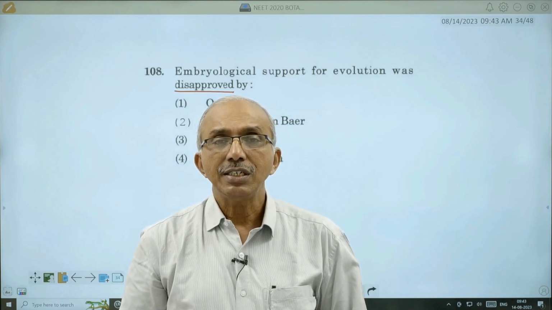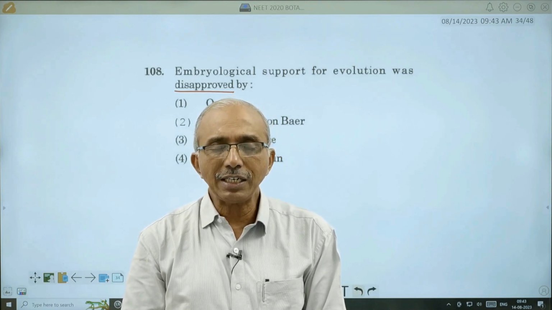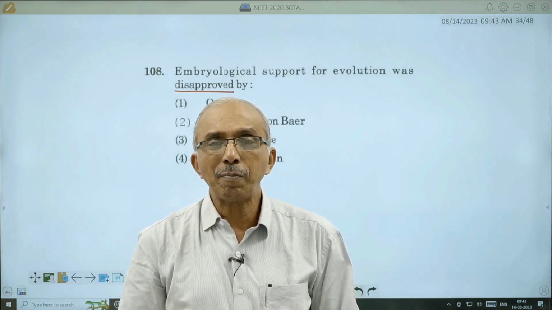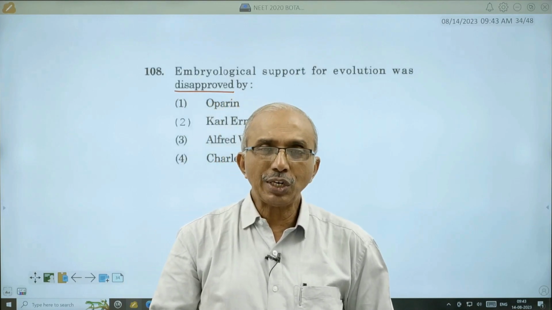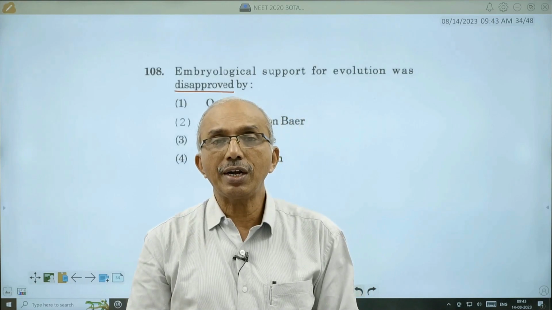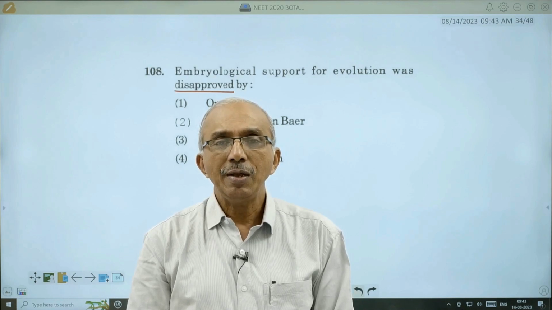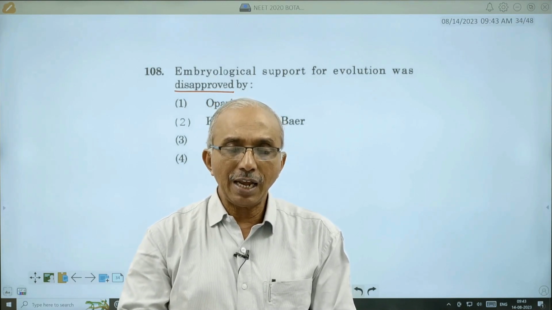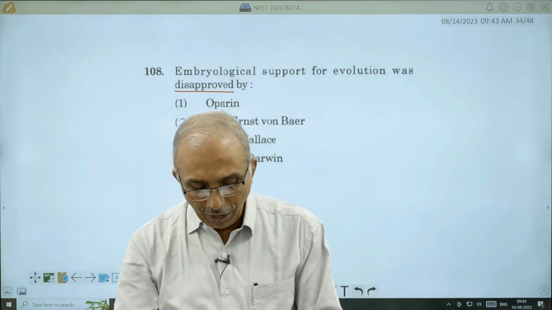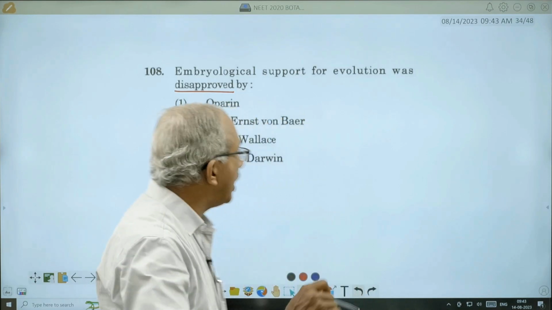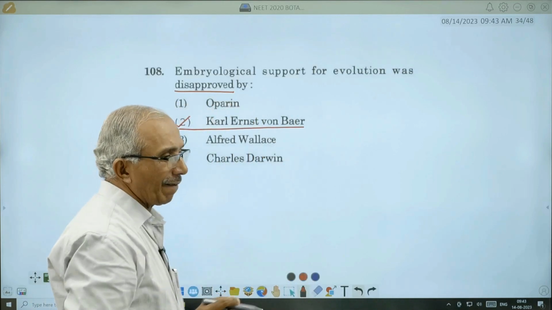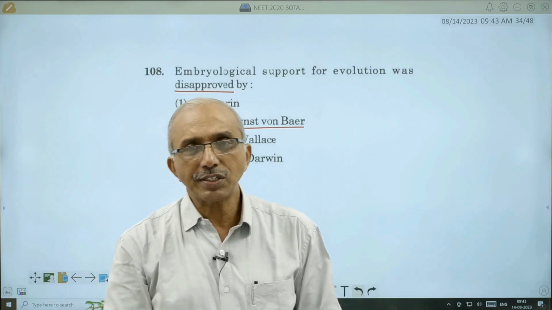This evidence is popularly known as ontogeny recapitulates phylogeny, also called the recapitulation theory. This embryological evidence in support of evolution was disproved by a scientist called Karl Ernst von Baer.